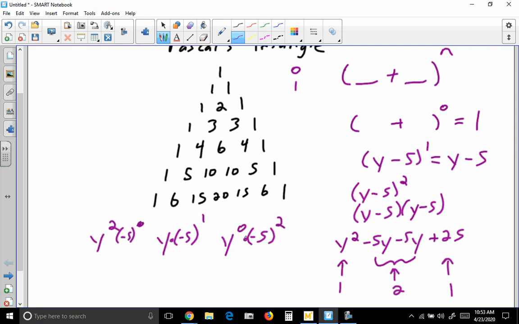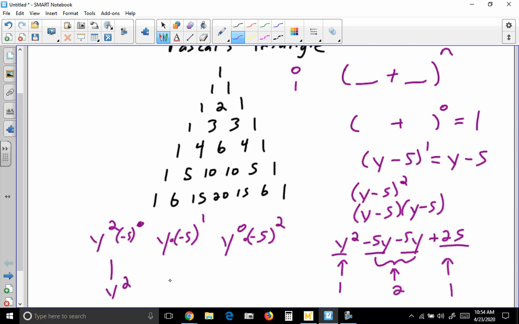So those are where our various values come from, the y squared, the negative 5y's, and the 25. And then these numbers down here tell us how much of each of those we have. We have 1 y squared. We have one of these first ones, which is y squared times 1.